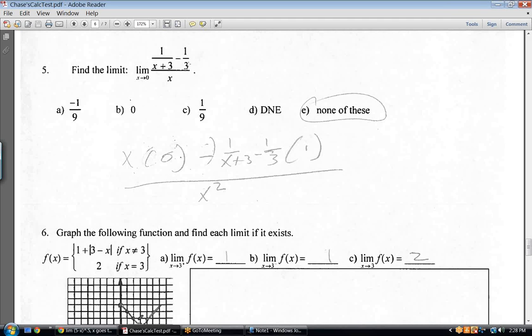We should get the same answer. In other words, if we take the derivative of the top, we get natural log of x plus 3 minus 0. So natural log of x plus 3 over 1. And the natural log of x plus 3, when you evaluate it, is the natural log of 3. Is that minus 1/9? The natural log of 3?